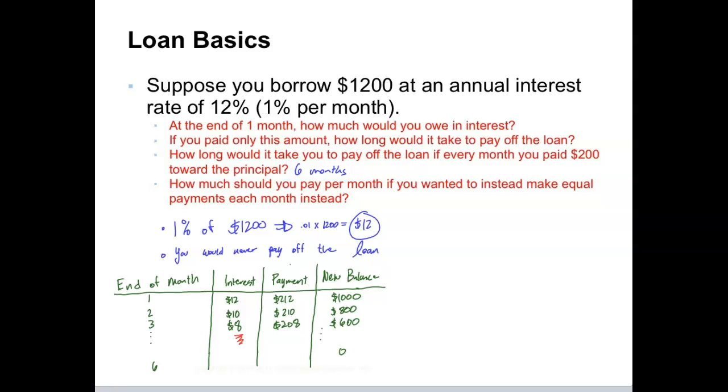How much should you pay per month if you wanted to make equal payments instead of different payments every month? What we can figure out is how much we end up paying in interest in total.